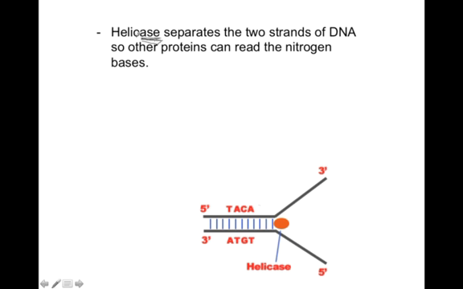And so helicase, its job is to separate the two strands of the DNA, that way the other enzymes will have access and be able to get to the nitrogen bases. So the helicase separates the two strands.